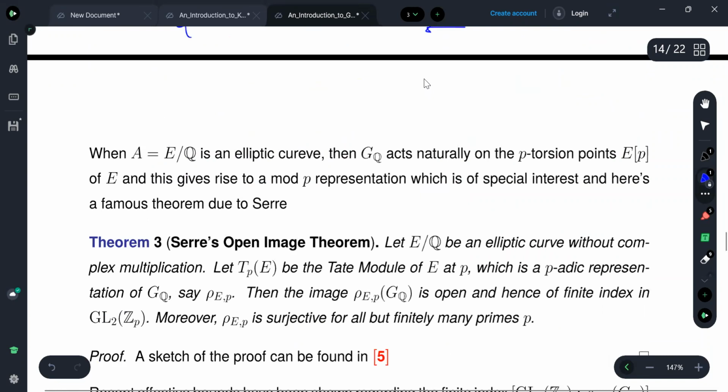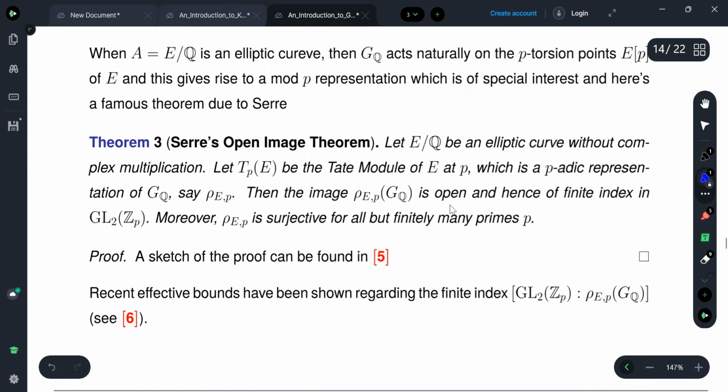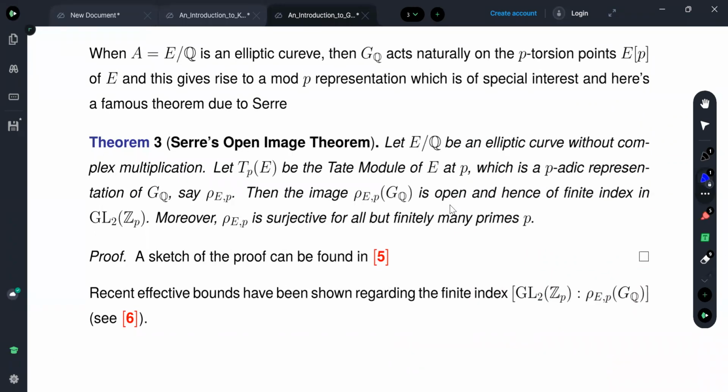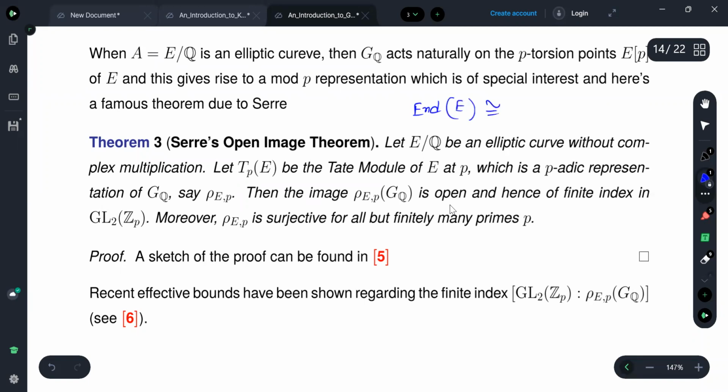And now we state Serre's open image theorem, which says that if you have an elliptic curve E over Q without complex multiplication, that is, the endomorphism group of E is isomorphic to Z, then for the Tate module of E at some prime p, which is a p-adic representation as we have seen, denote it by rho E,p.